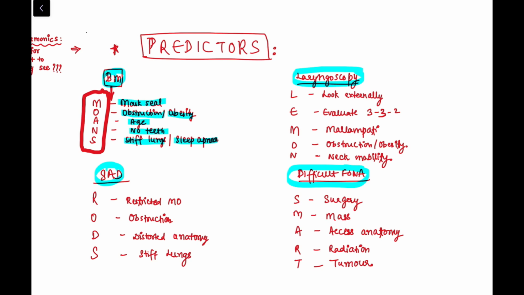So that resistance will lead to more of the leakage around the bag mask. So you have to remember this for lifetime.